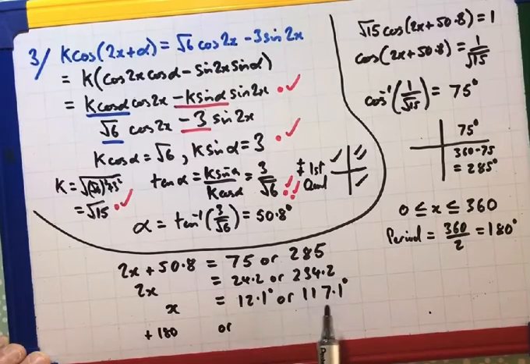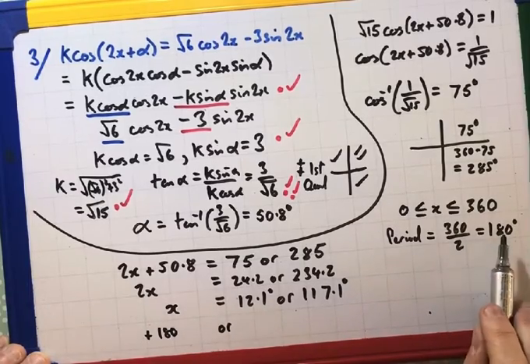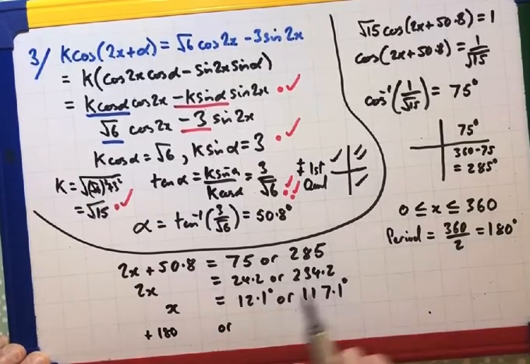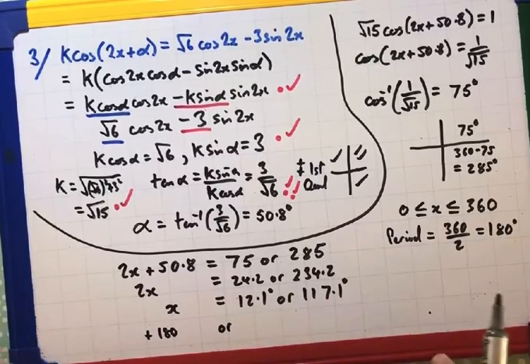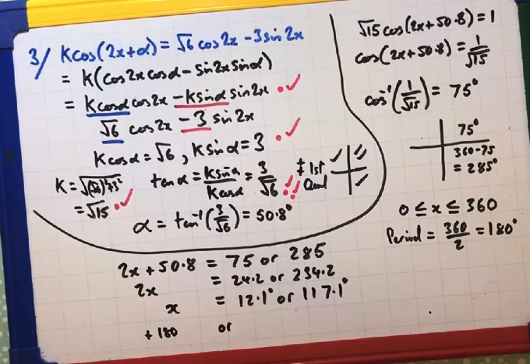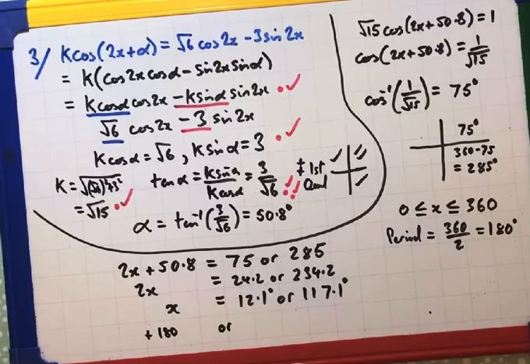And if I do that, I'll get 2 more answers. So there aren't 2 answers, there are 4 answers to this thing. But you need to bear in mind the period of this thing is 180. So once we found our 2 sort of unique solutions, we could then add and subtract a period to that as much as we like to stay within the specified region, which in this case is 0 to 360.